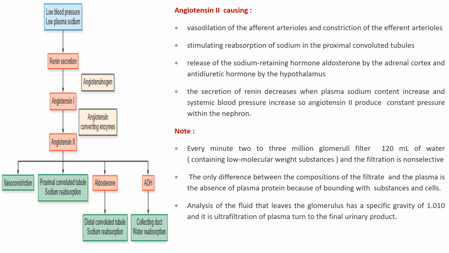Angiotensin 2, as we said before, makes vasoconstriction for the efferent and vasodilation for the afferent, and makes sodium reabsorption from the proximal convoluted tubules. Then it stimulates releasing the aldosterone and ADH.